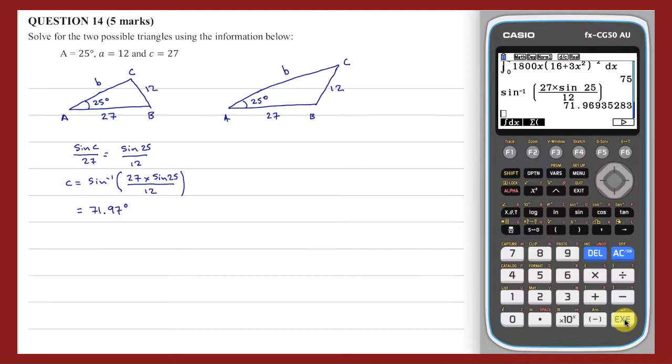Because of the symmetry of sine either side of 180 degrees, the obtuse angle C can be found by calculating 180 degrees minus the acute solution. The last answer command, called up via Shift and the negative key, is useful for these sorts of calculations.